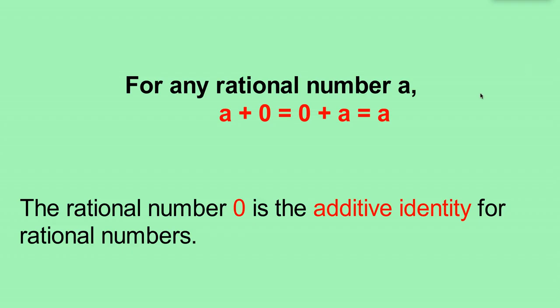Now look at the next property. For any rational number a, a plus 0 is equal to 0 plus a is equal to a. If you add 0 to any number or add any number to 0, you will get the same number. Then 0 we can call the additive identity for rational numbers, or 0 is the additive identity.